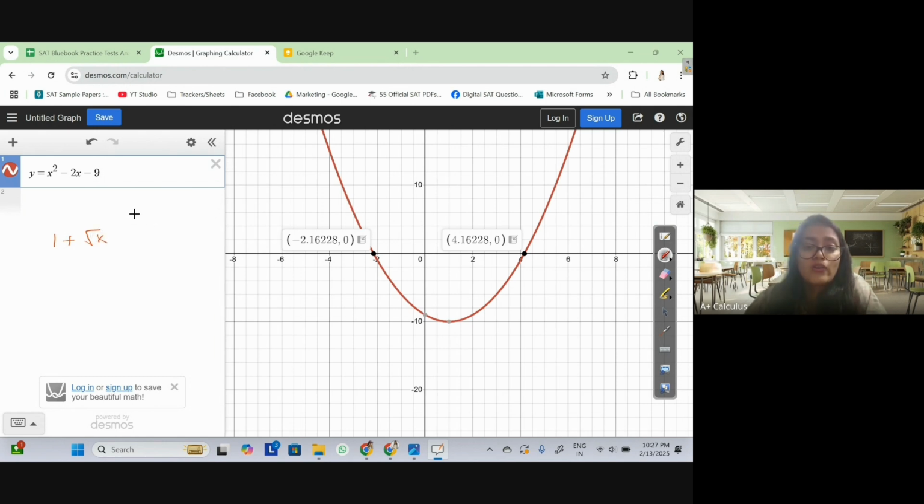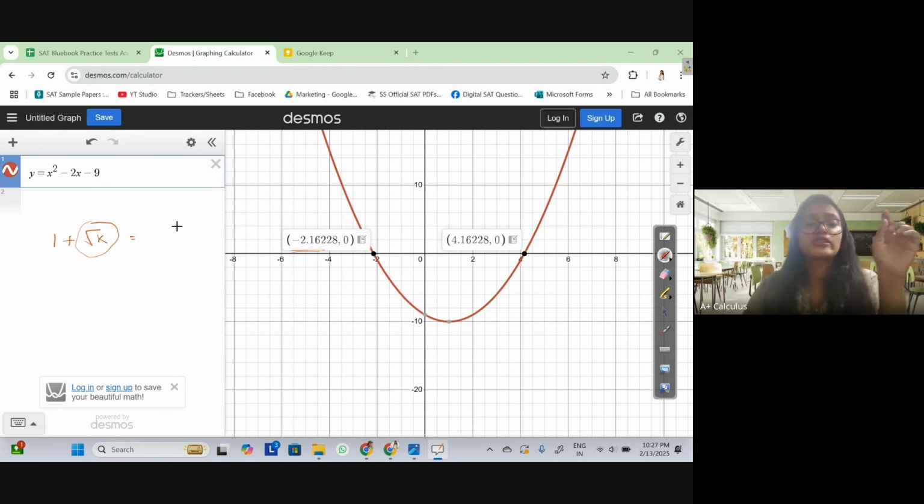Now, obviously, you have 2 solutions, right? 4.16228 and this. Now, this number, whatever is 1 plus square root of k, cannot be negative, because square root of k, whatever the value of k, cannot be negative, right?